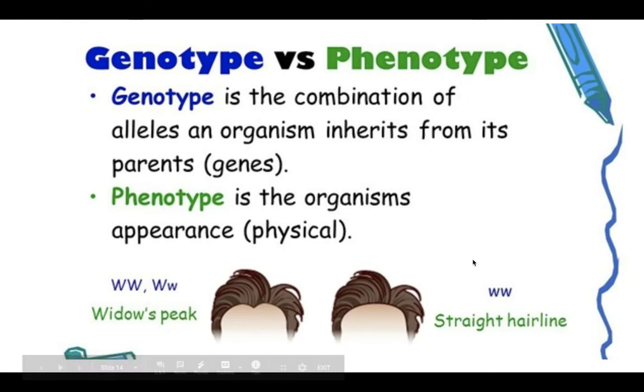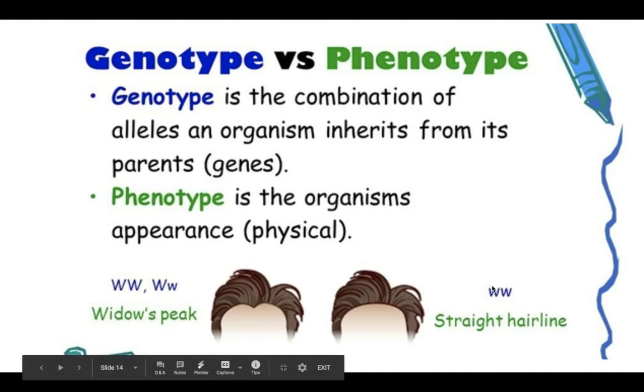So the genotype for a straight hairline would be lowercase w because it is recessive. So the only way it will show up is if that dominant allele is not present. So here we don't have a capital W, so the person is going to inherit a straight hairline.